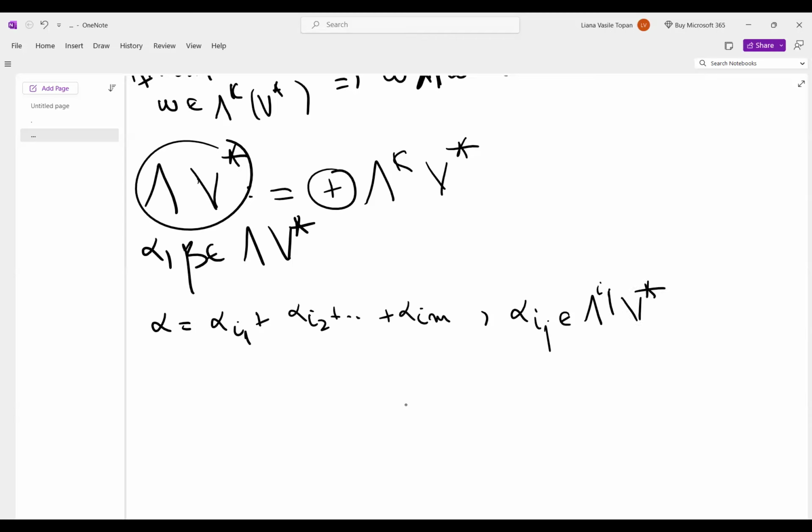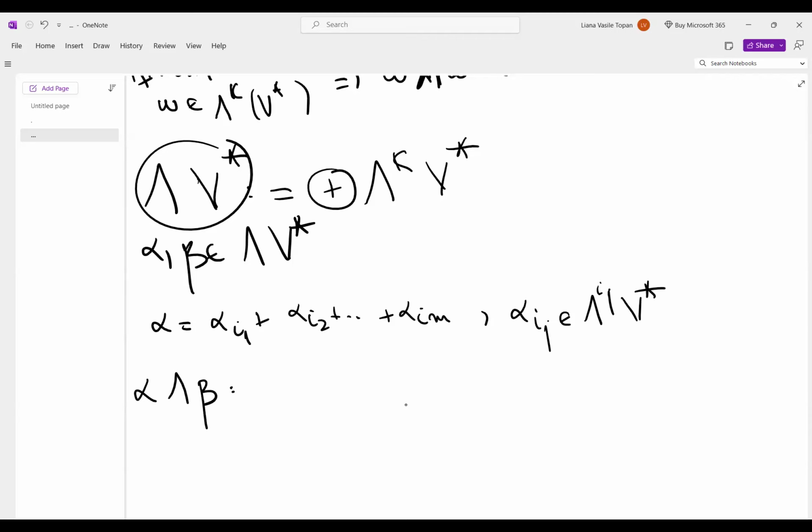Something like this. And now we are going to define, for two forms like this, their wedge product.